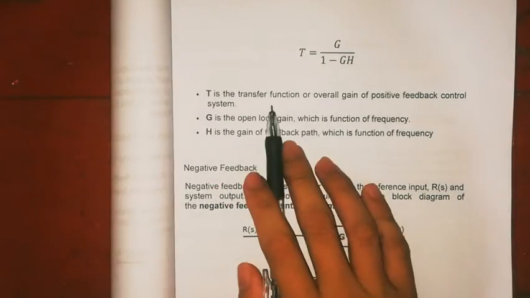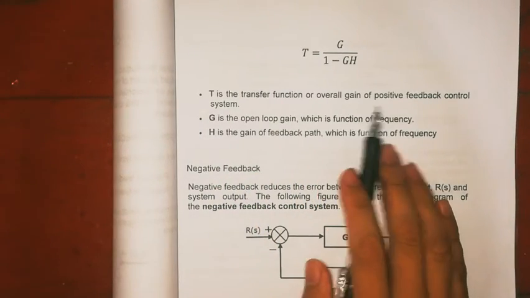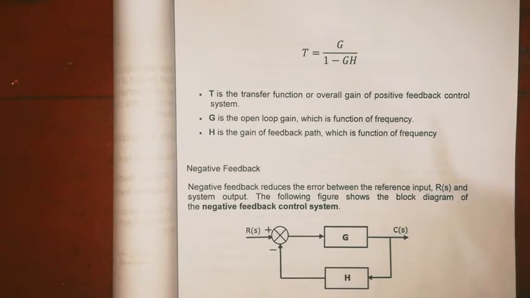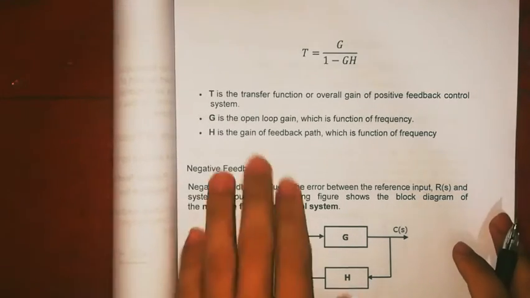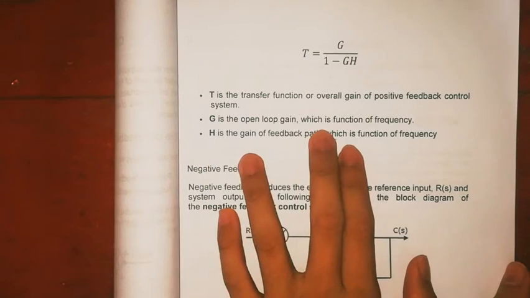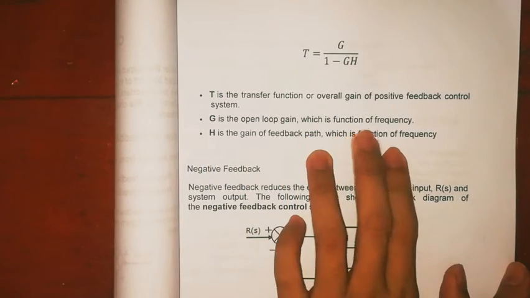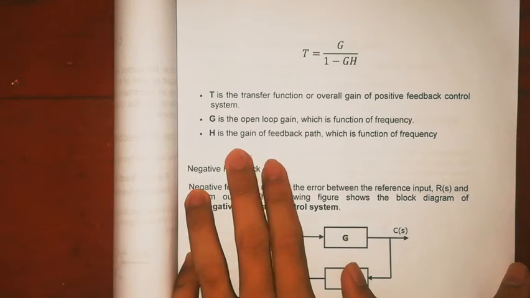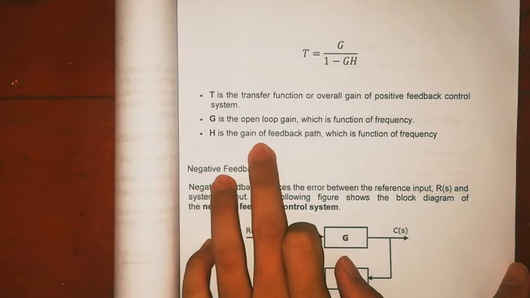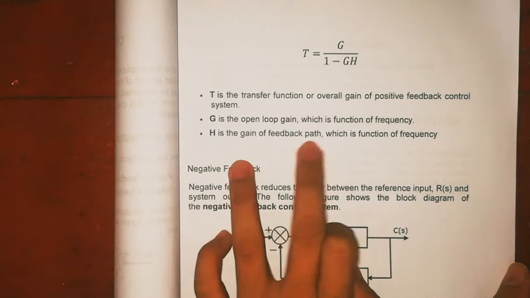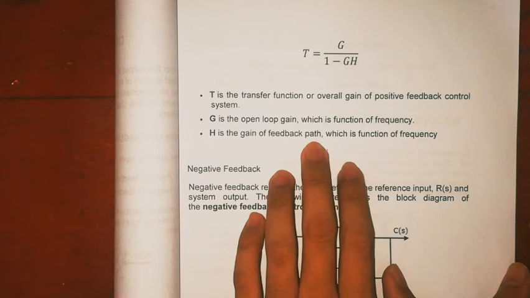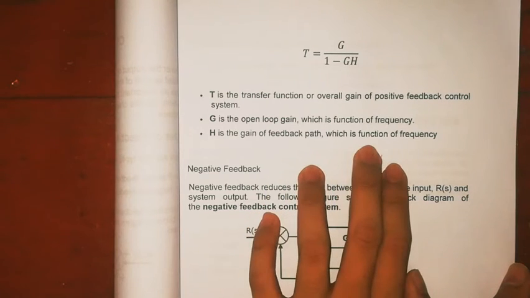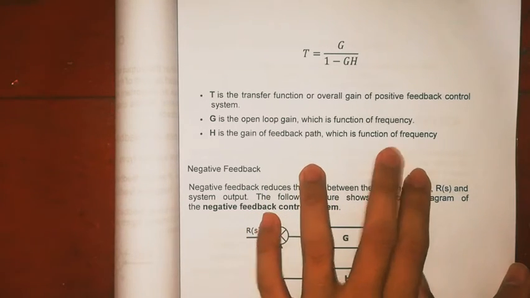So T is the transfer function or overall gain of the positive feedback control system, while G is the loop gain, which is a function of frequency. H is the gain of feedback, which is the function of frequency.